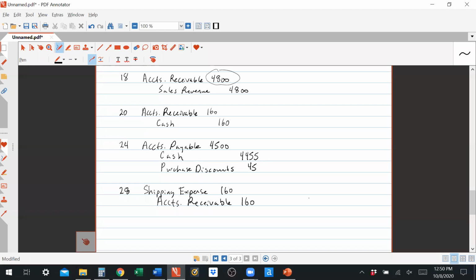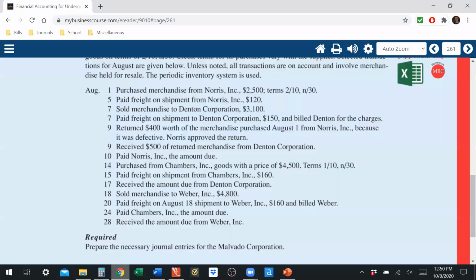So we're going to credit accounts receivable. We no longer have an account receivable with Weber for the items. And how much cash do we get from Weber? It's August 28th, they paid us. August 18th is when we sold the stuff to them. The terms we provide to our customers are 2/10, n/30, so they're going to get a 2% discount.